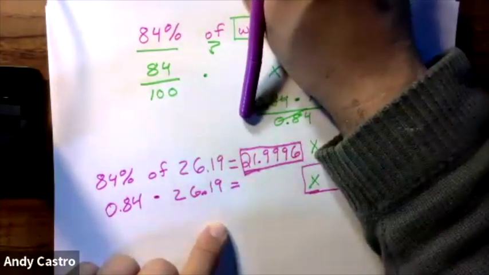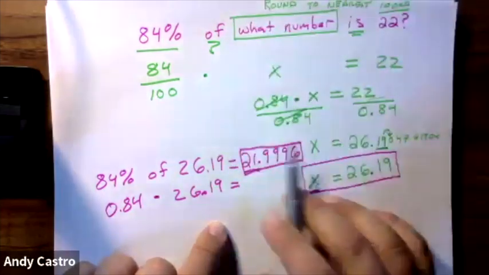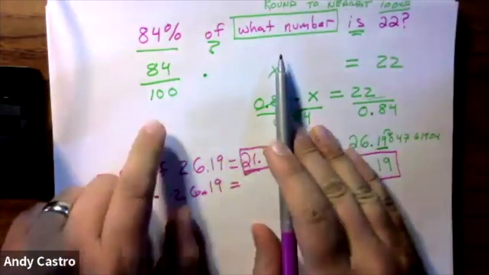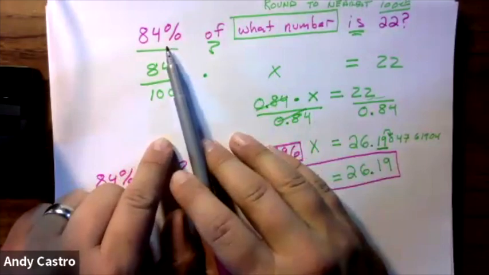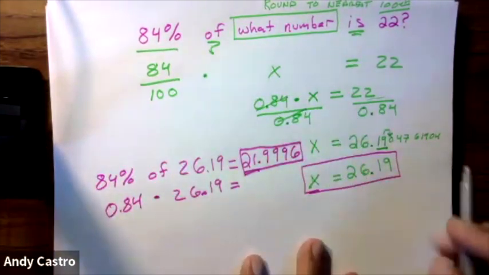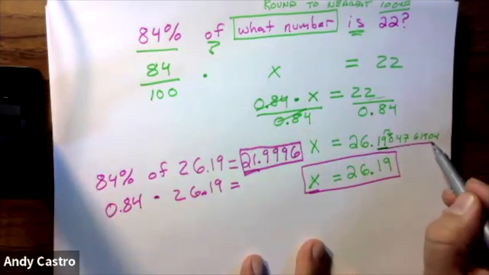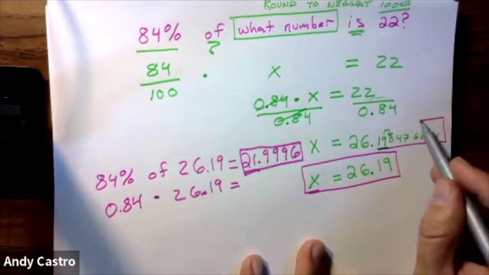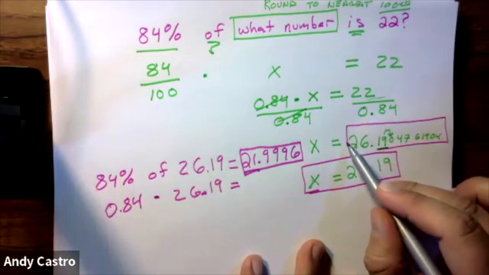The reason is because back here, when we did the original calculation, we said 84% of what number is 22. Remember that it had actually several decimal places. And what did we do?